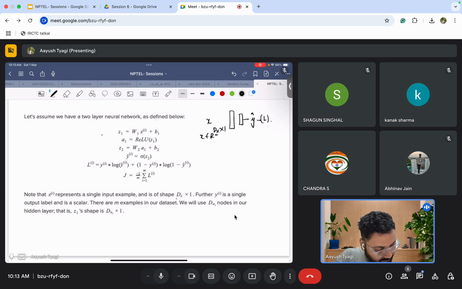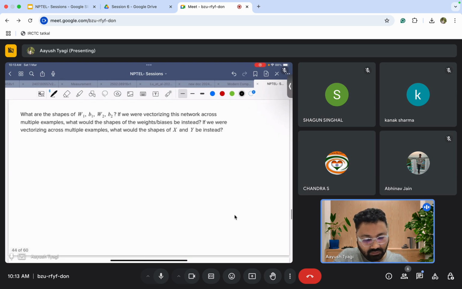And what's given to us is that the number of nodes in the hidden unit is dA. So z1 belongs to dA comma 1. What we are first answering is the shape of w1, b1, w2, b2.